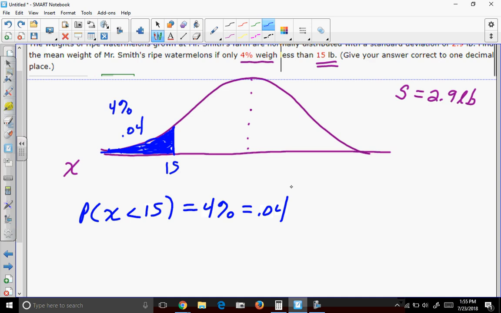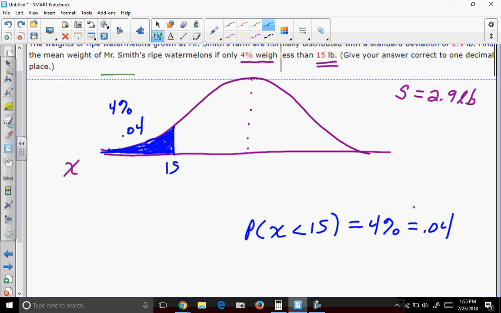So we're not looking for that probability. We're looking for the situation that 4% of our watermelons are in this region. What is the mean? So what can we find out? We can find out the Z value if we know the area in this left tail, the area to the left of here. We can find out the Z value that goes with this.